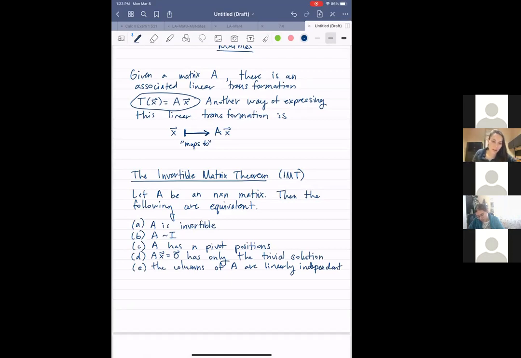And that is also equivalent to saying that the linear transformation associated with A, remember we can use this notation to denote that linear transformation, is 1-to-1.